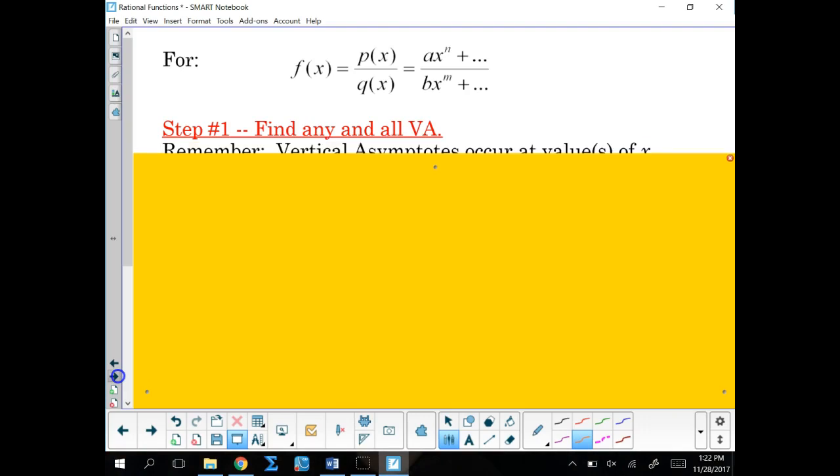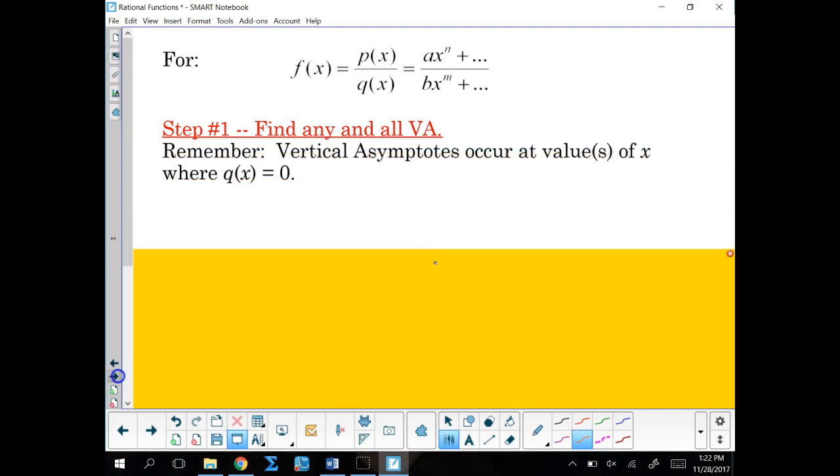We find those by where the denominator is equal to 0.